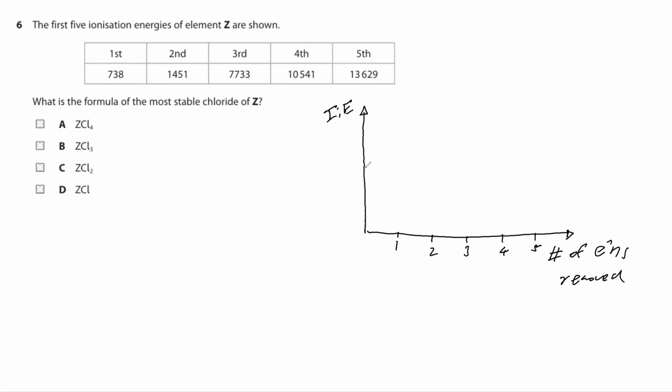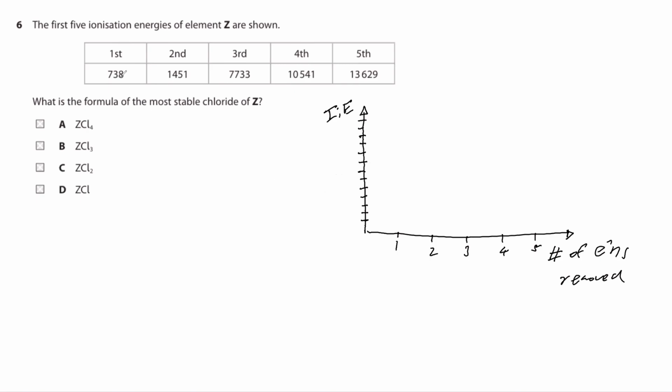Let's go up to 13,000. So it will be 1,000, 2,000, 3,000, and so on up to 13,000.